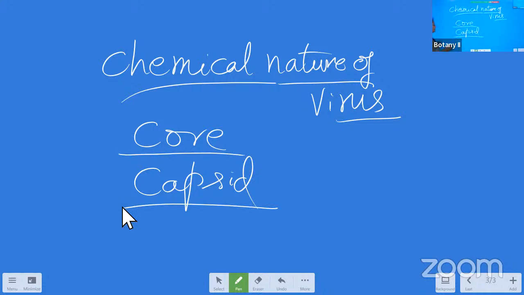Okay, so the core is the central part, that is a hollow tube-like structure that is present in the viral organism, and it is making the passage of the genetic material from the viral organism into the host cell.